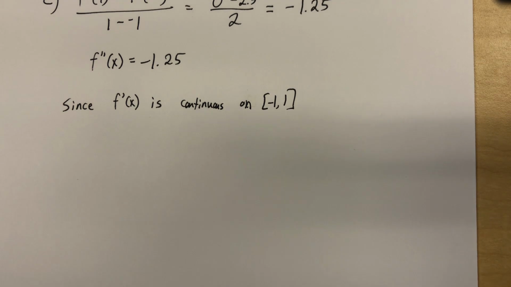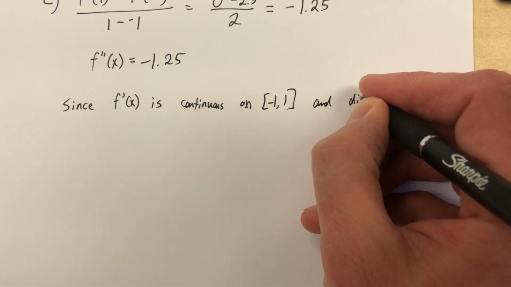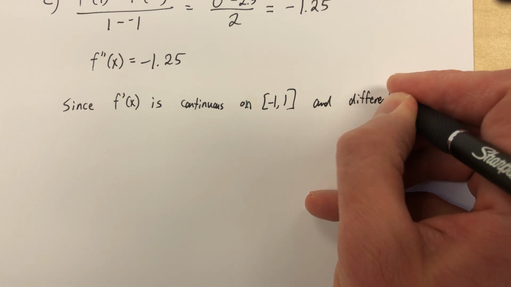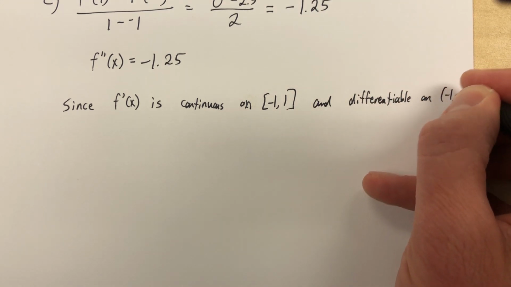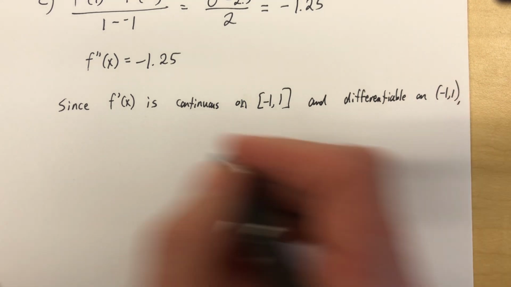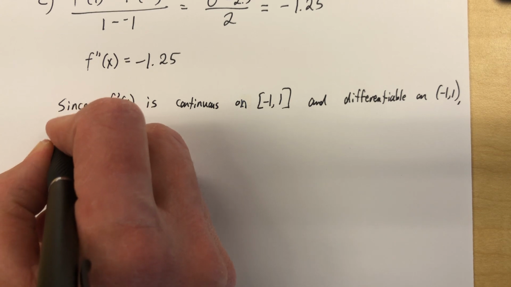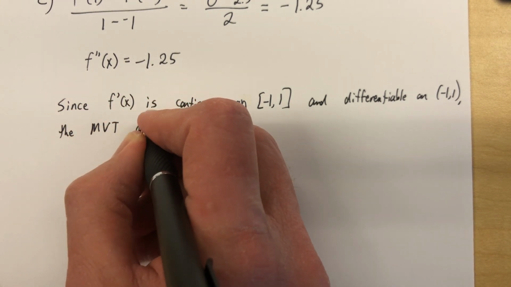So we can go from negative 1 to 1 and draw the whole thing. And it is differentiable on the interval from negative 1 to 1, open interval. The mean value theorem applies.